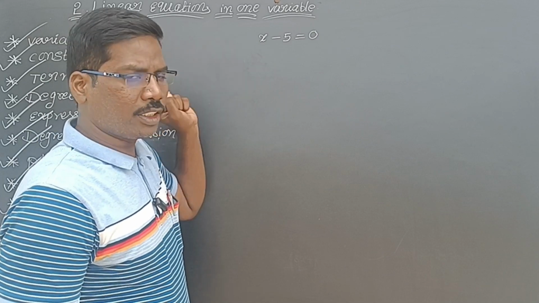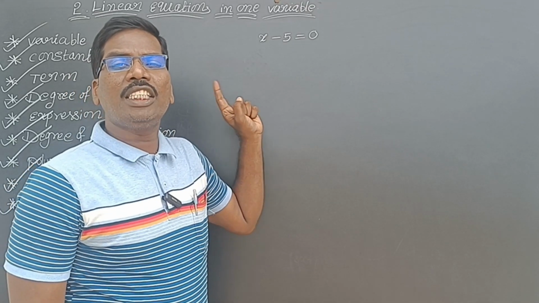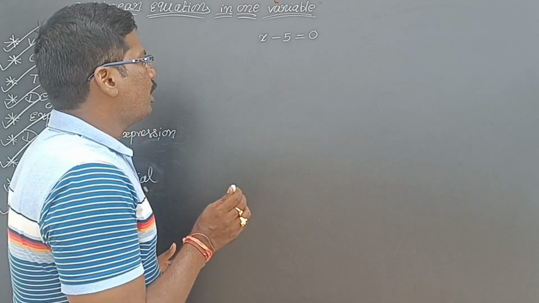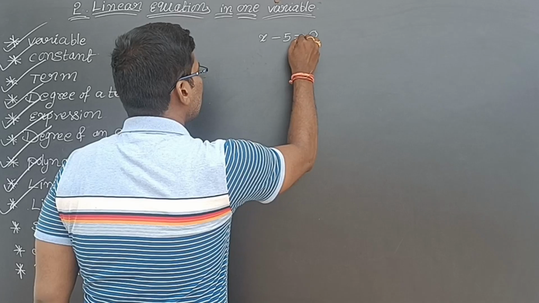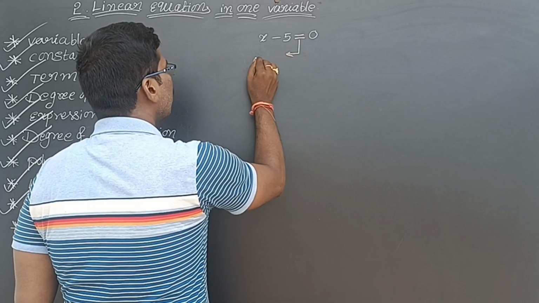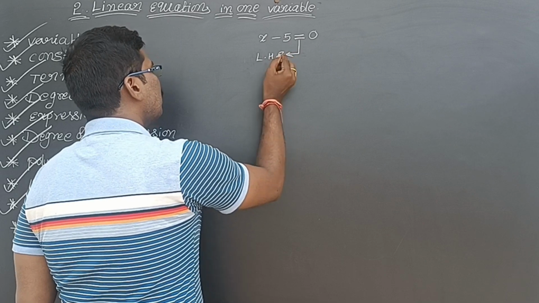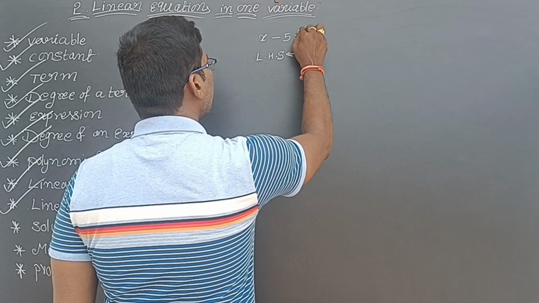The value I substitute for x should satisfy the equation. What does that mean? In the linear equation, whatever is on the left side is called the left-hand side, which you learned in 7th class. And what is on the right side?